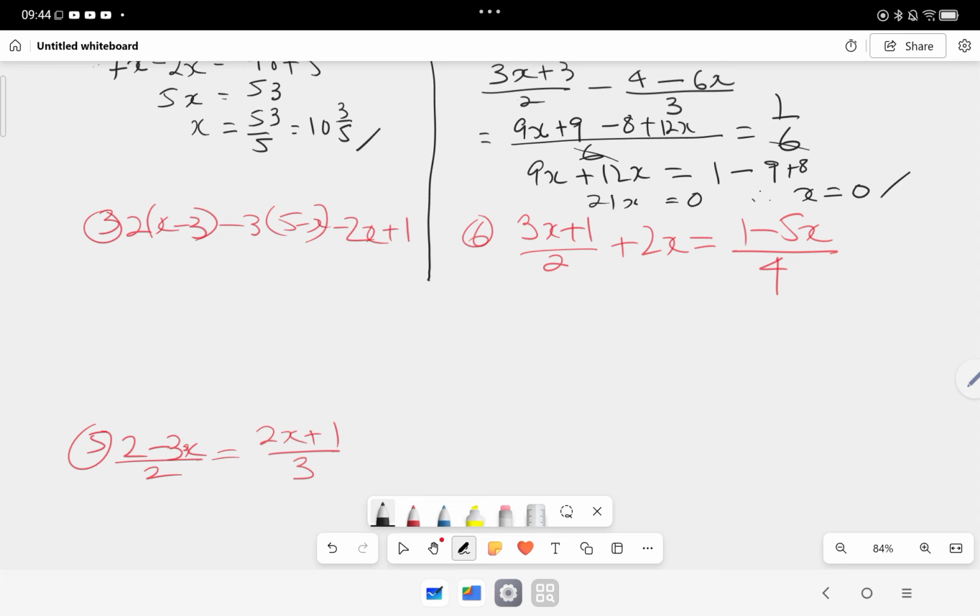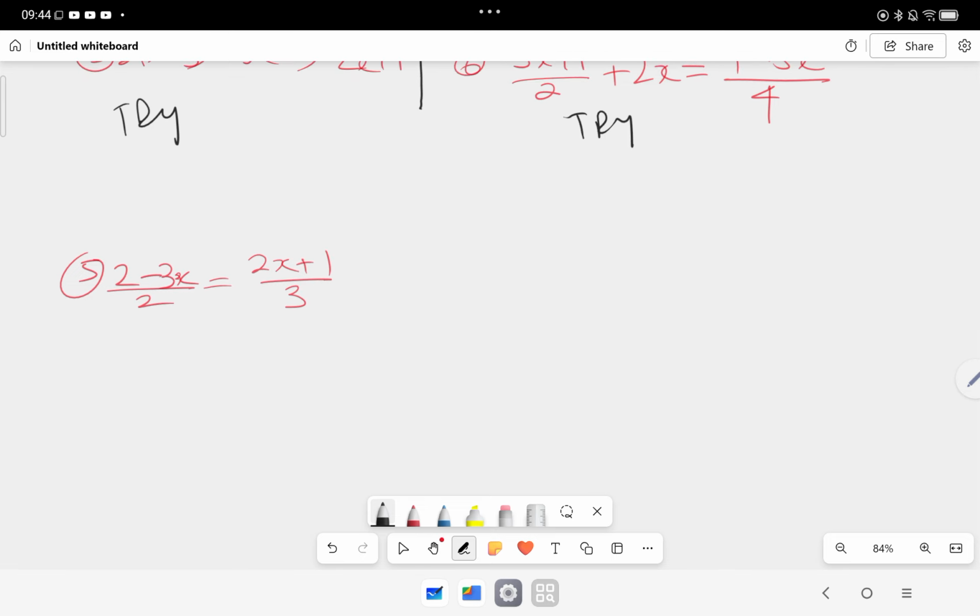This one as well, so you can try this too. Also this one. I'm doing this one because this is a bit different. In this one, we can multiply.